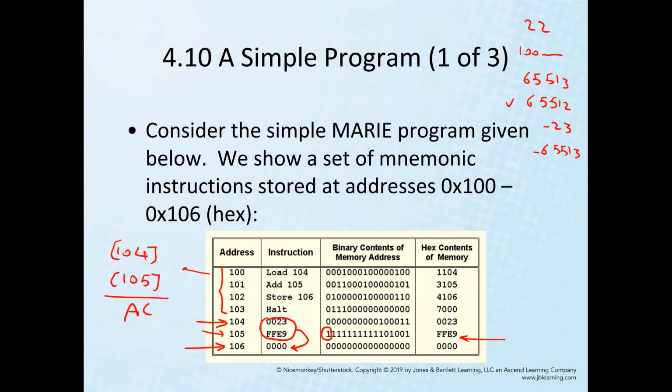Okay, I have these answers. First thing, definitely those answers which are positive are wrong, because I'm telling you this number is negative, because the leftmost bit is 1, so the number is negative.